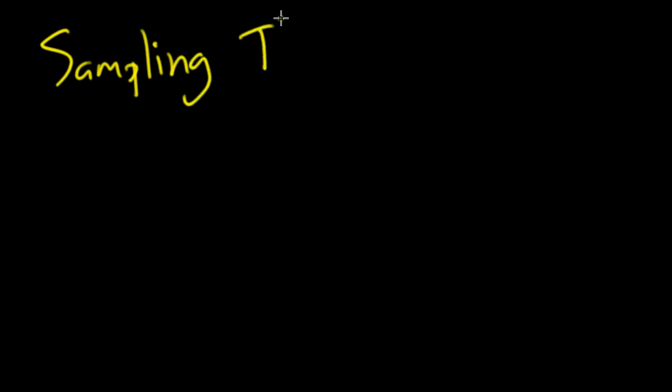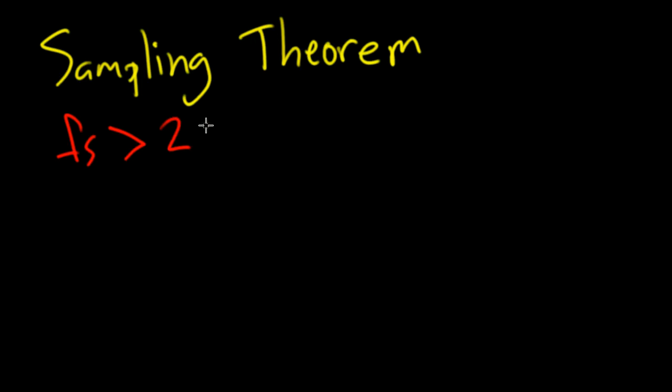Now, the sampling theorem, which you might have heard called the Nyquist-Shannon sampling theorem, although it was discovered independently by various people, you may have heard of it stated something like this: the sample rate, f of s, must be greater than twice the frequency of interest. And remember that people who are stating the sampling theorem in this way are thinking about real valued signals.